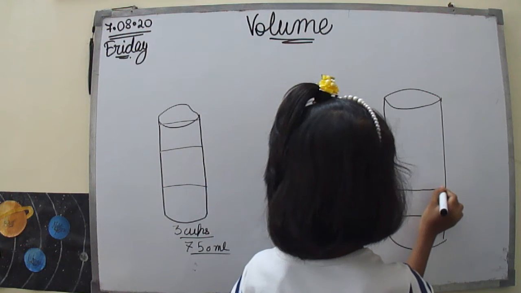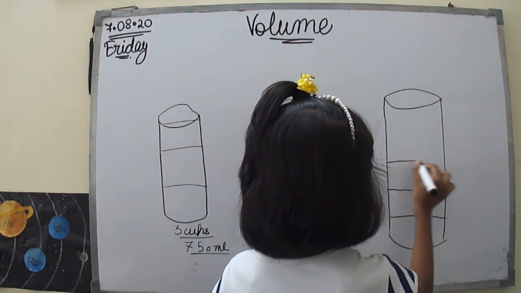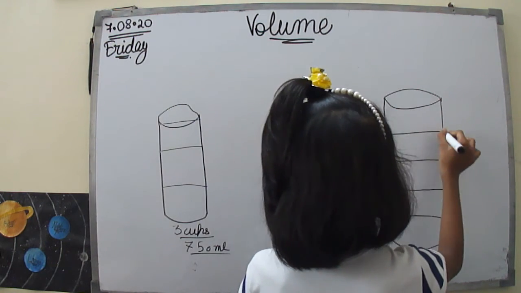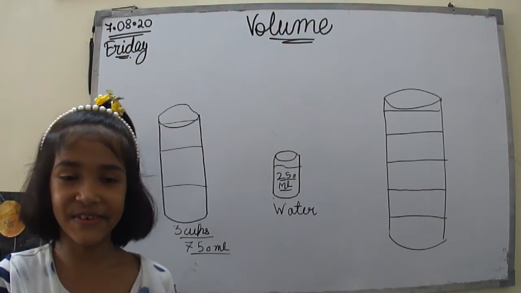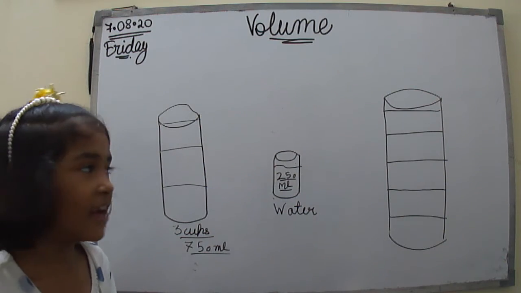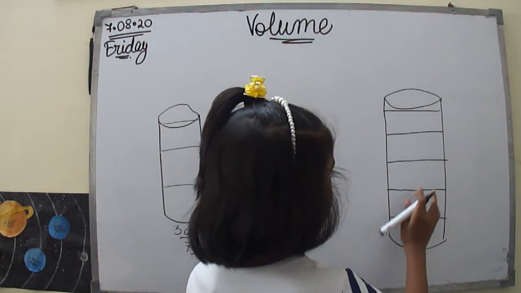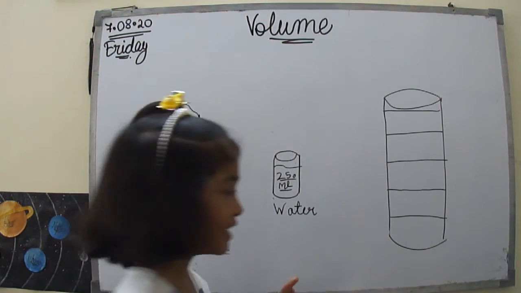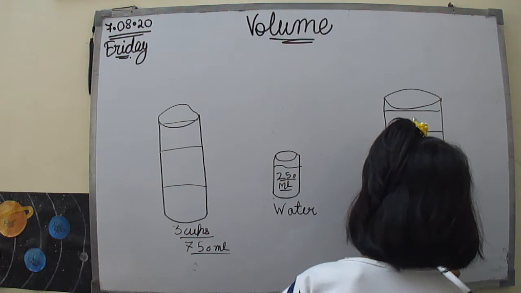Then one more time, and I go on. Now it is full. It is so much bigger than this one small container. So we counted 1, 2, 3, 4, 5. 5 cups. So I write 5 cups.